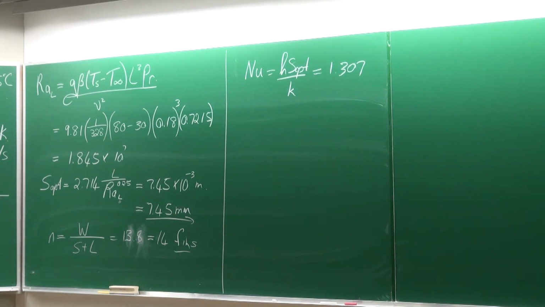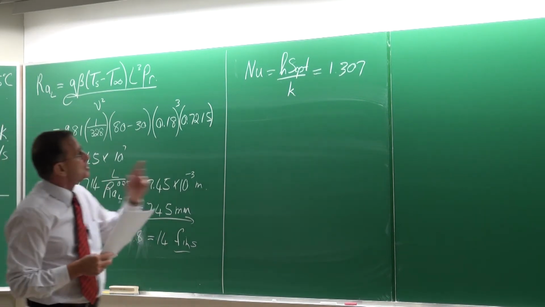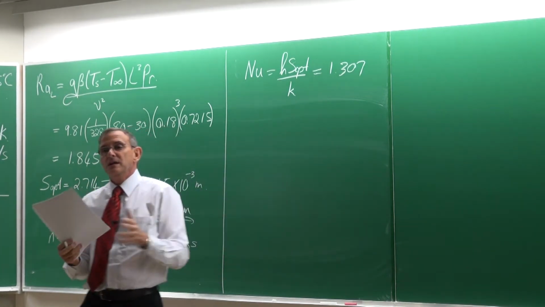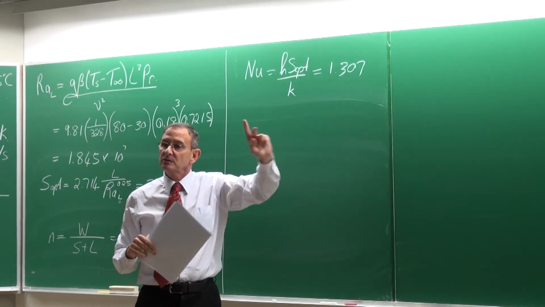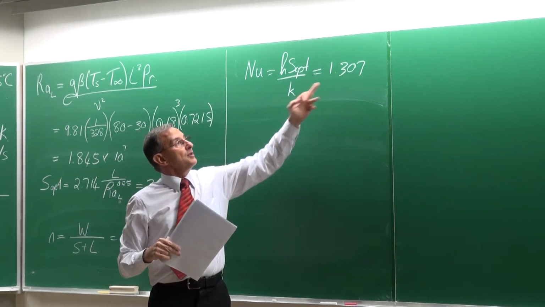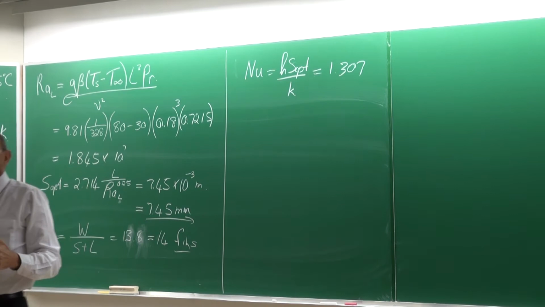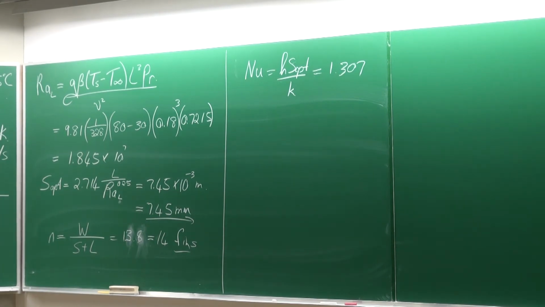When we spoke about forced convection, what I've said is that if the Nusselt number is equal to 1, then it means that all the heat transfer is by conduction only. If you would take this problem into space, where there's no gravity, so that term is 0, then the heat transfer will only be by conduction. The Nusselt number would be 1. So a Nusselt number of 1.307 means that the fins enhances the heat transfer by about 30%.